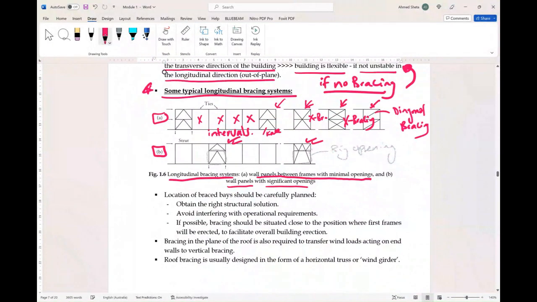So these are some types of bracing, depending on the opening needed in the braced bay. Also, the location of the brace should be carefully planned. This is also one important thing, to obtain the right structural solution and avoid interfering with the operational requirements. If possible, bracing should be situated close to the position where the first frames will be erected, to facilitate overall building erection.